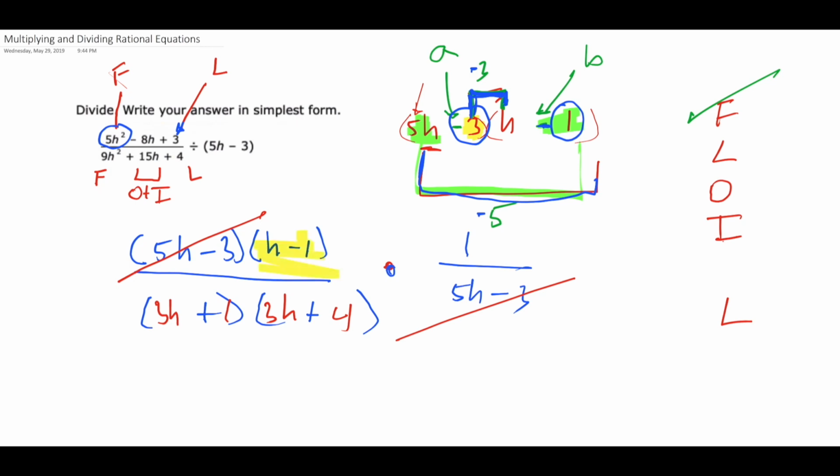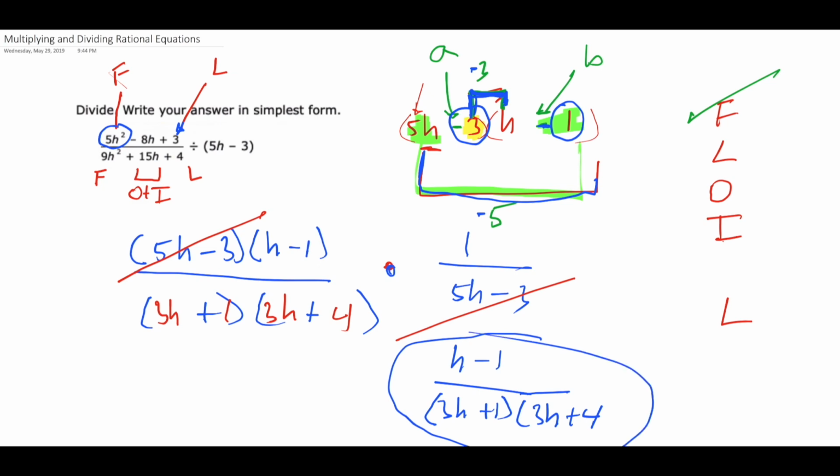Don't forget this guy. H minus 1 over 3h plus 1 times 3h plus 4. All right, that's it.